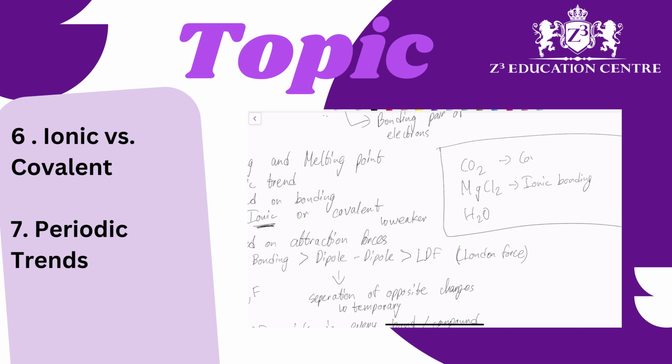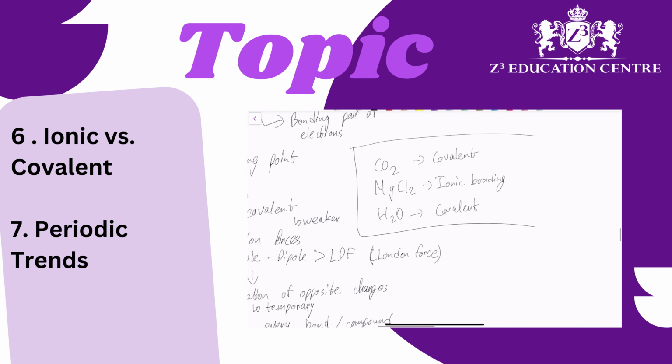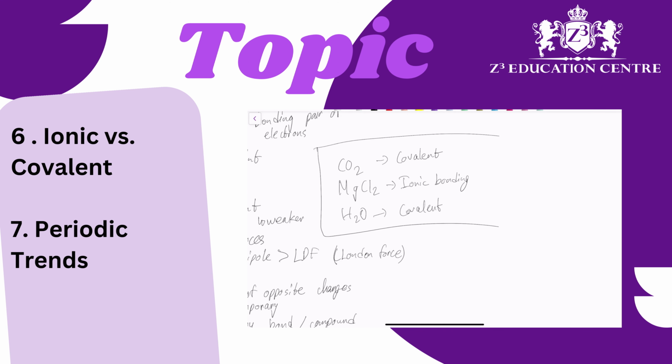This is covalent for carbon dioxide, as well as covalent for water. Now remember, ionic is strongest in our case between the three of them. And then we have water and carbon dioxide.